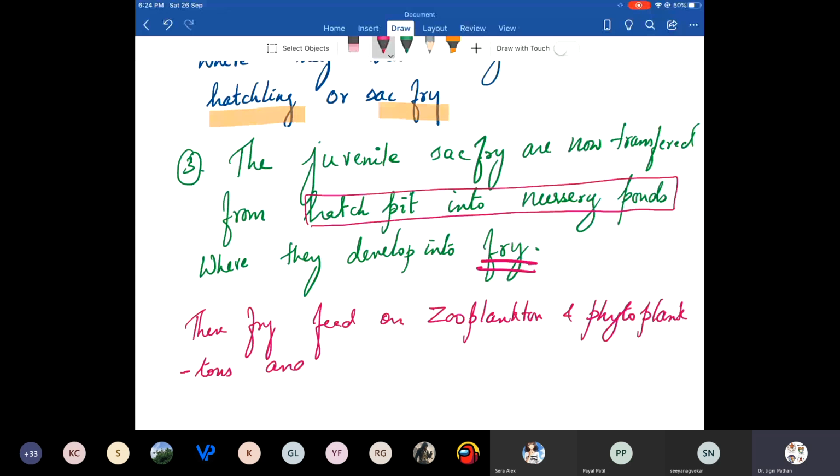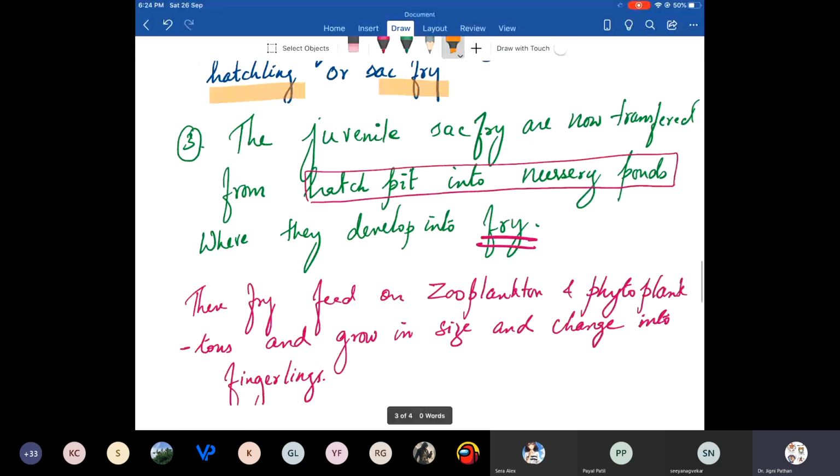And they grow in size and change into fingerlings. Is everybody understanding?